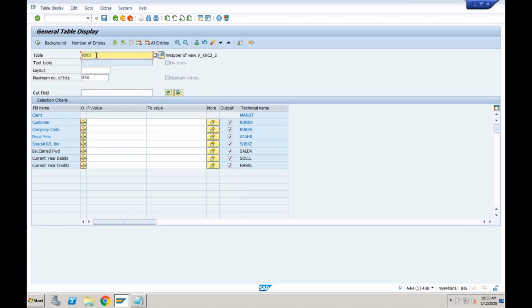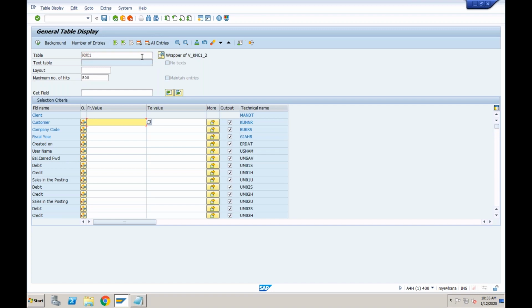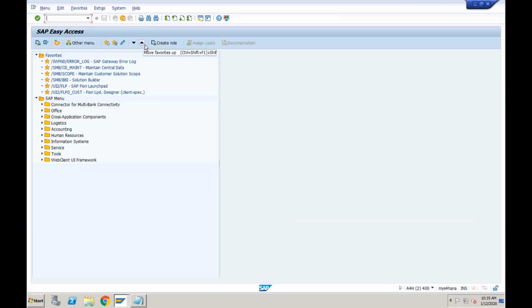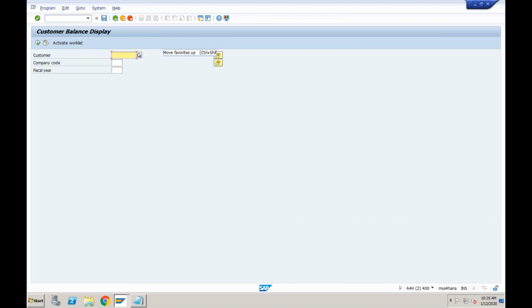I think KNC1 also. Yeah. Let me tell you what exactly these two tables are. We use transaction FD10N to check customer balances, right? When you execute this report, you will get two different sections, one for normal transactions, second for special GL transactions.